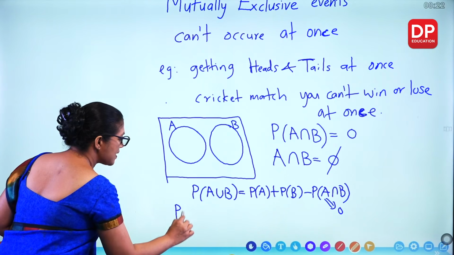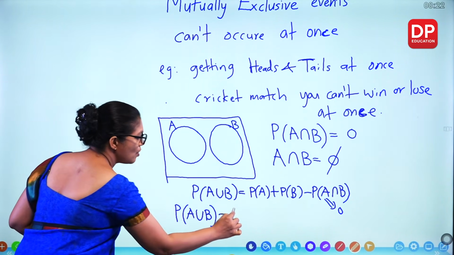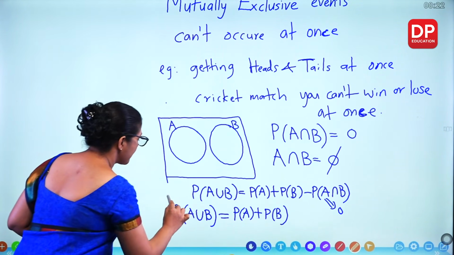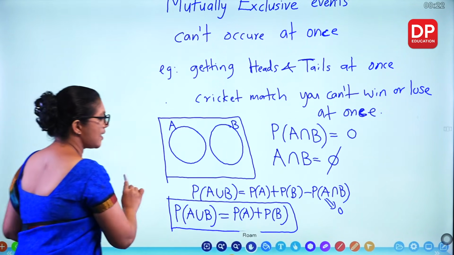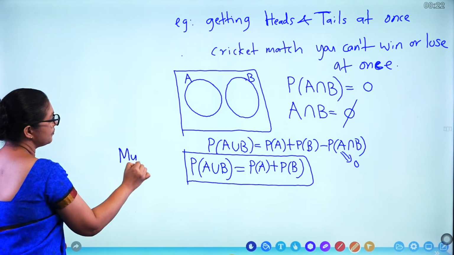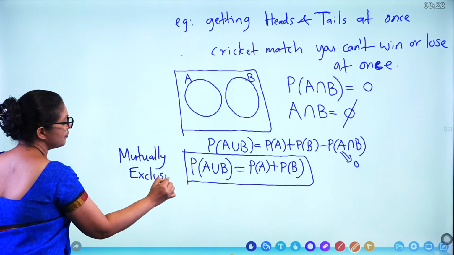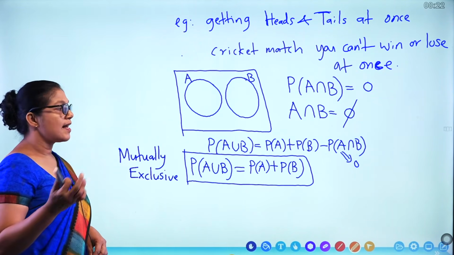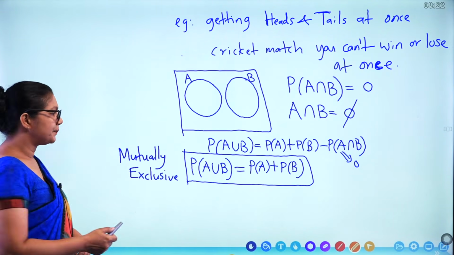If the two events are mutually exclusive, we can write the union is equal to probability of A plus probability of B. Only when the two events are mutually exclusive. So if the two events are mutually exclusive, you can use this formula. If the two events are normal events, then you can use the previous formula.